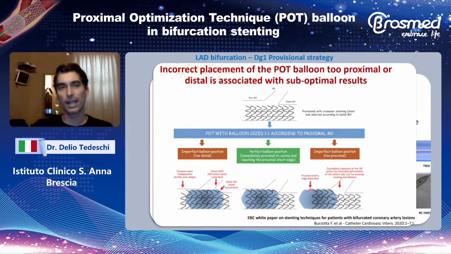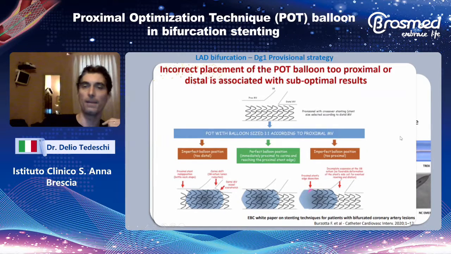I mean, the strut opening is not perfect, and this could create some problem when you have to rewire the ostium of the side branch. And the opening of this strut is crucial, because when you have to complete this technique with the second stent, the opening of the strut is useful to cover part of the ostium and to reduce the protrusion of the second stent inside of the main vessel.